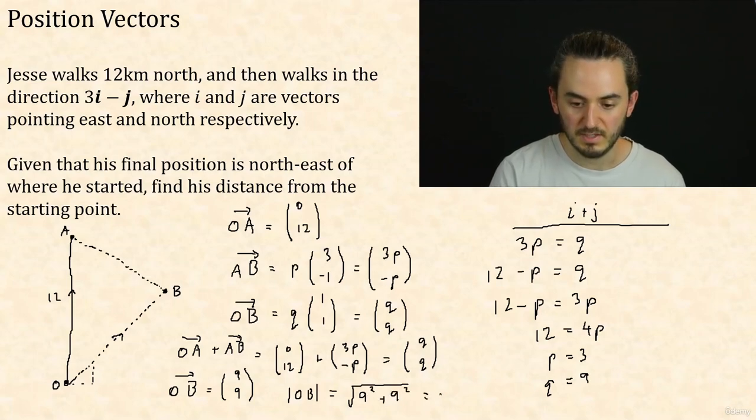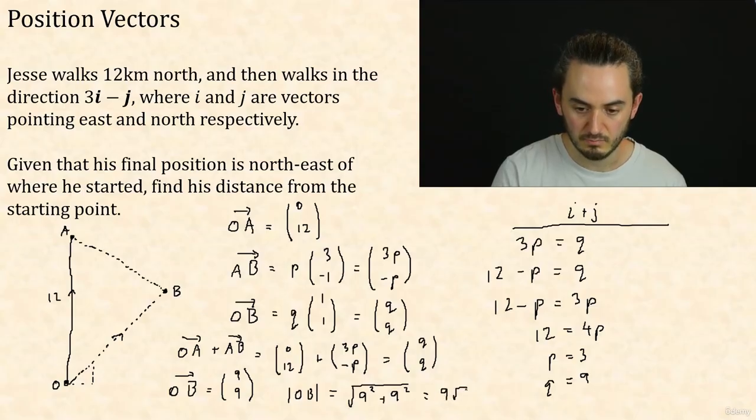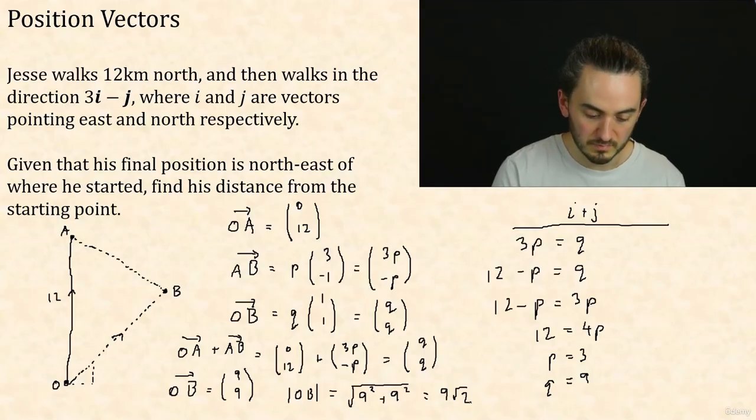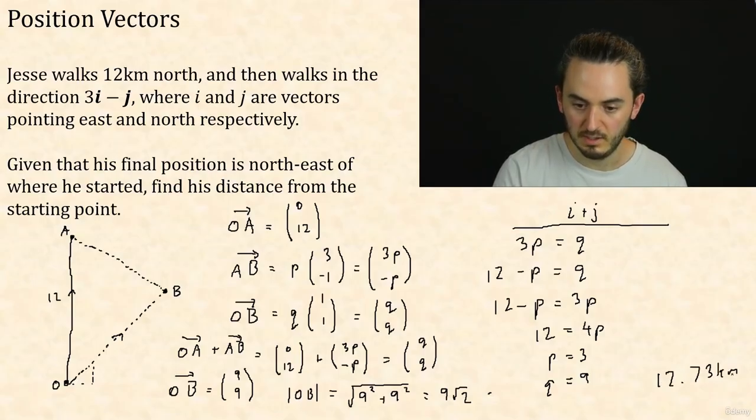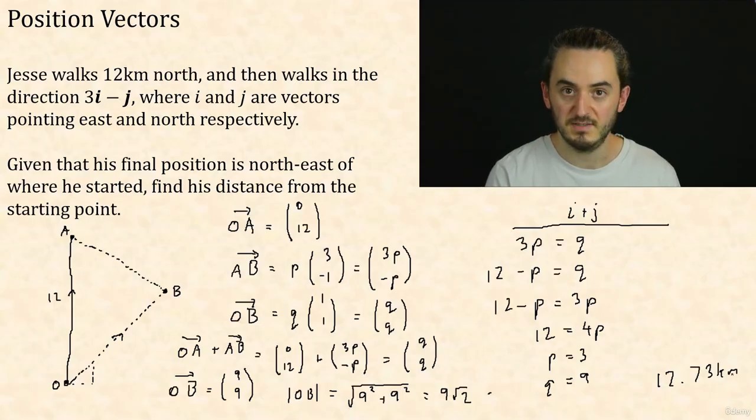Key that into my calculator, and it is 9 root 2 kilometers. Or if we wanted to give it in kilometers, that would be 12.73 kilometers. That's how far he is from where he started.